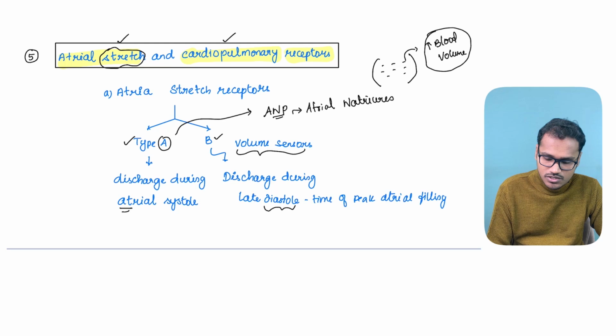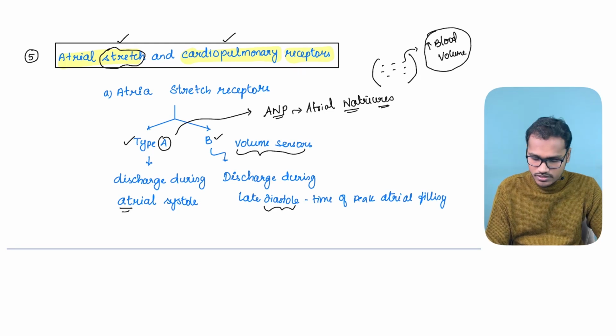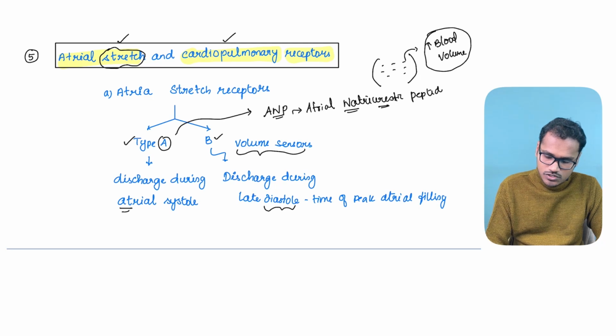Natriuresis means the sodium as well as water is going to go into the urine. So the sodium as well as water, both of them will be sent out into the urine.